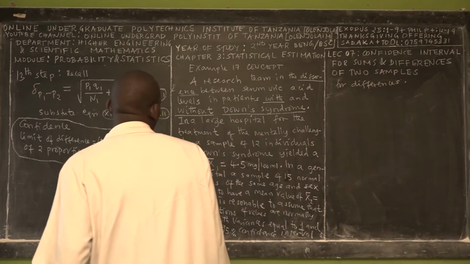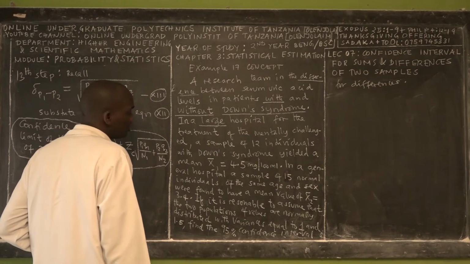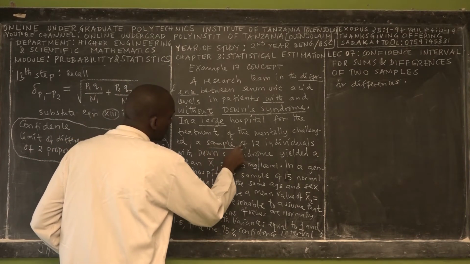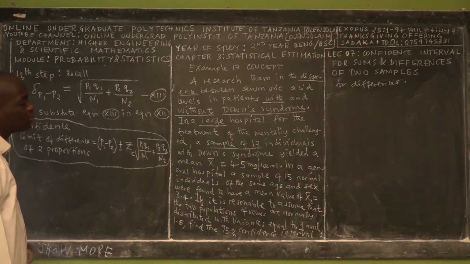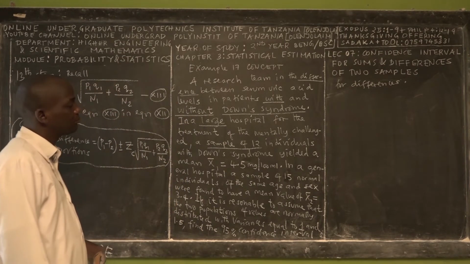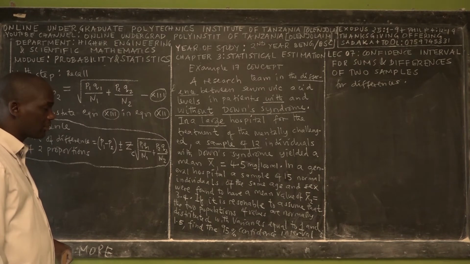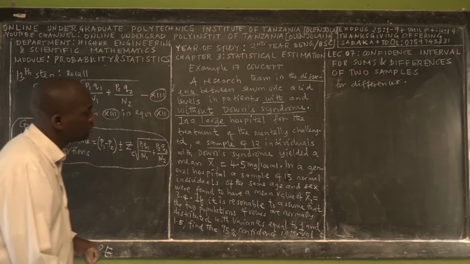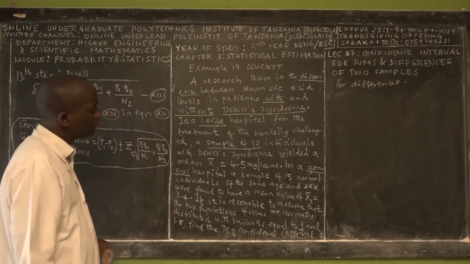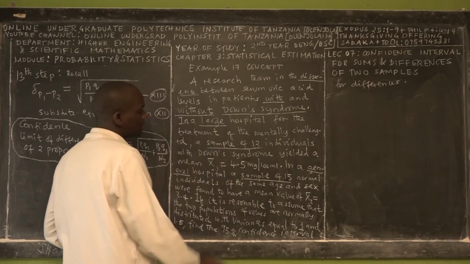In a large hospital for the treatment of the mentally challenged, a sample of 12 individuals with Down syndrome yielded a mean of 4.5 milligrams per 100 milliliters. Then they took a sample from a general hospital: a sample of 15 normal individuals, the second sample.